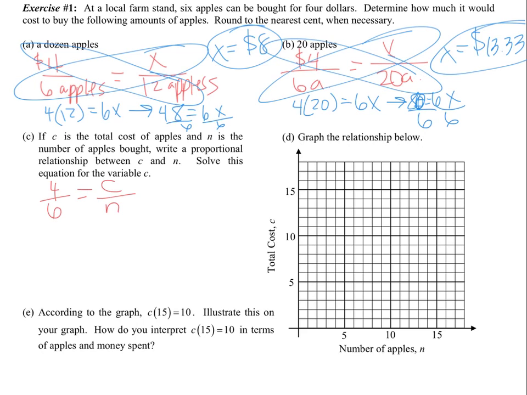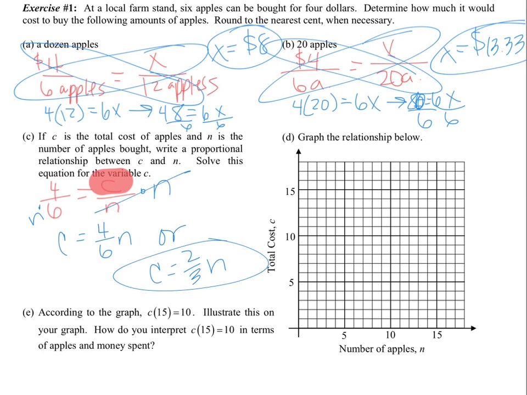We need to get C alone, so we multiply both sides by n. The reason we multiply both sides by n is so that we cancel out the division by n. So C equals 4 over 6 n, but this can be reduced, so C equals 2/3 n.